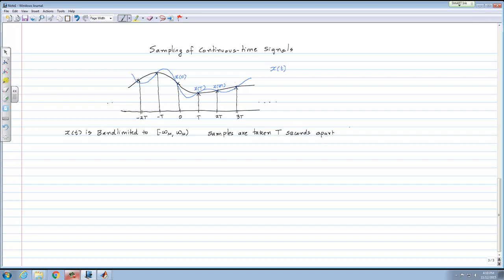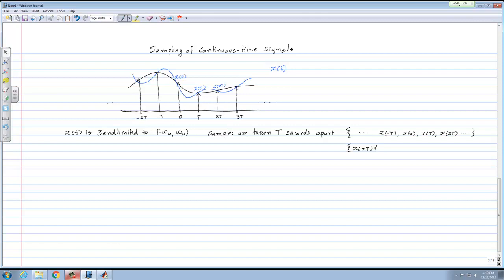That is, what is given to us is the set of values x of nT for all integer n.